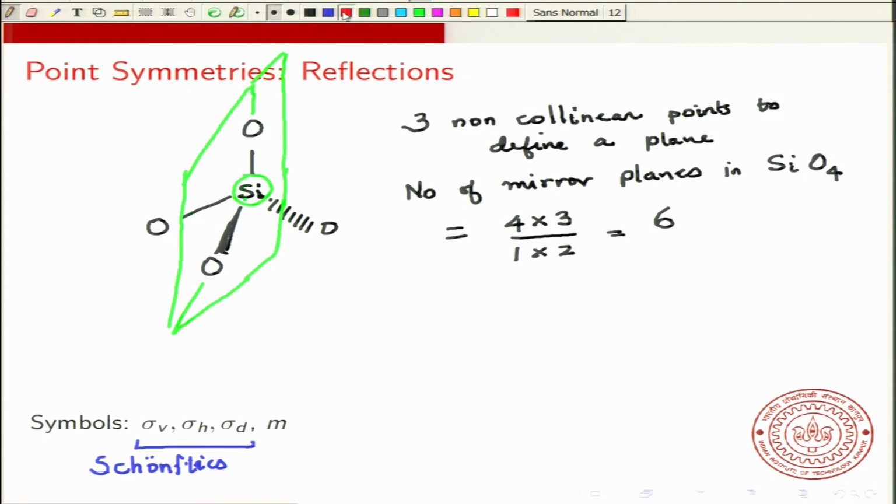These are in the Schoenflies or molecular symbols, from molecular group theory. Whereas the Hermann-Mauguin or crystal convention is just to write it as an M. So, if you have a plane, you just write an M. If you have multiple planes, then you write M, M. So that is 2 mirror planes, and so on.